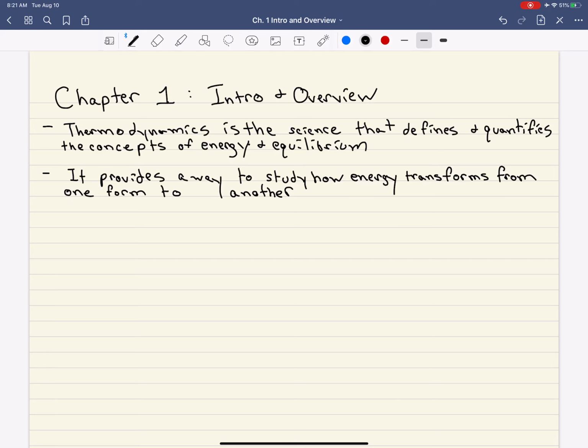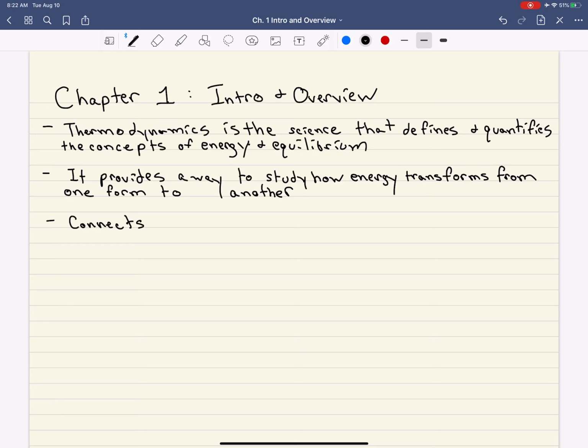And it's this last topic, how energy can transform, how internal energy can either be released or gained in the system. This is a particularly interesting topic for chemical engineers because it allows us to connect phenomena that we could see with our own eyes, these macroscopic phenomena, to the microscopic behavior of single chemical molecules.